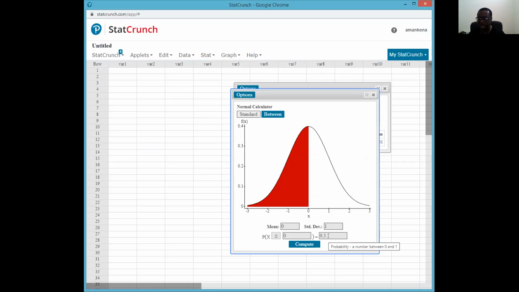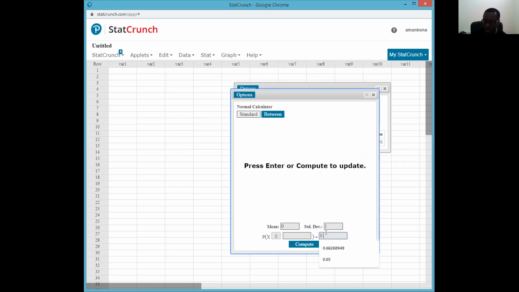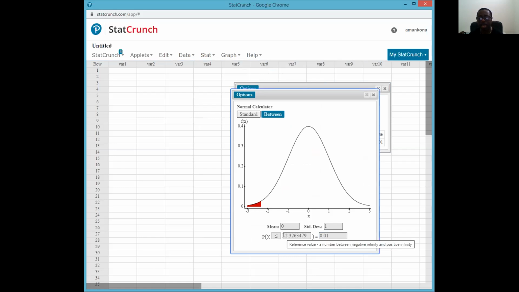Alpha is 0.01, that is to the left, the left tail. So you want 0.01 to the left, change this to less than or equal to, and compute. That value is negative 2.33, to 2 decimal places.